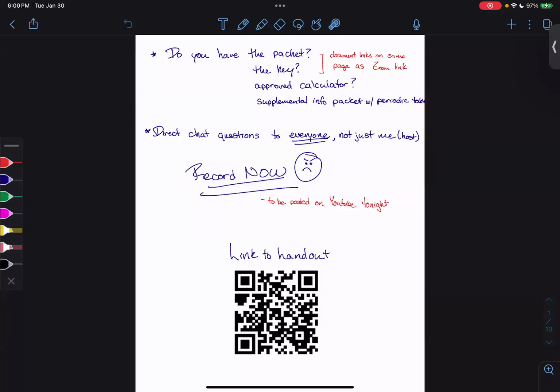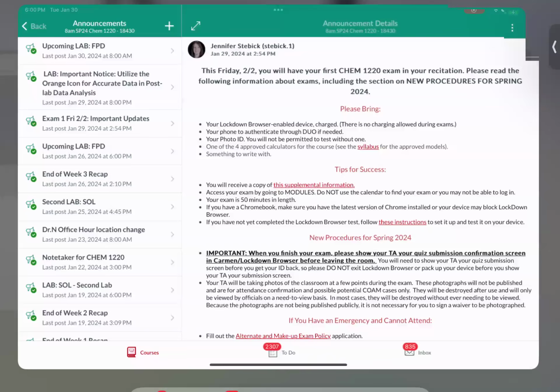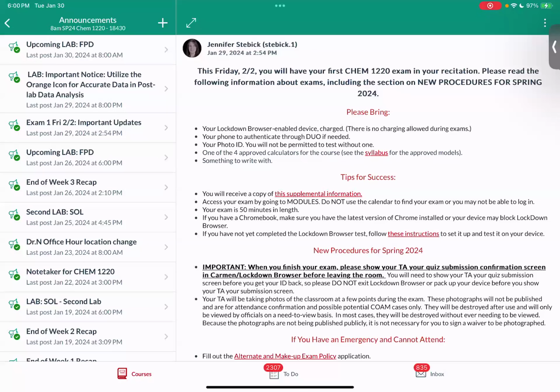So if you're wondering where you get the supplemental information, everyone's courses should have received an announcement from Jennifer Stebick about preparations for the midterm exam during recitation, the majority of you. So I will point out, there are some new procedures here because they are in recitation.